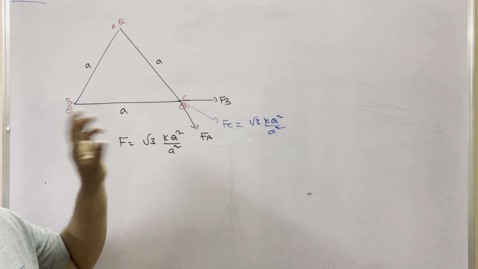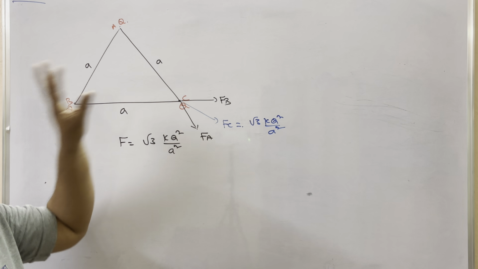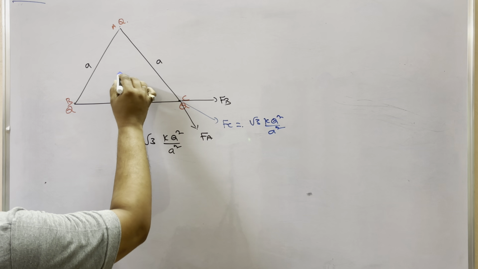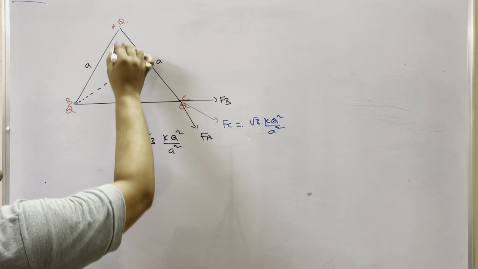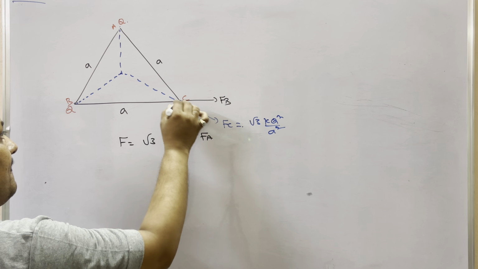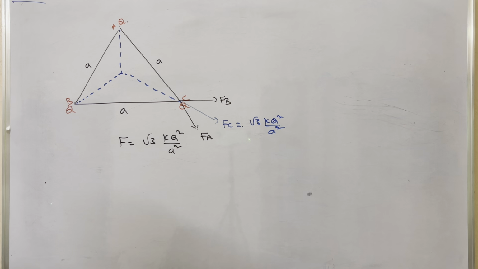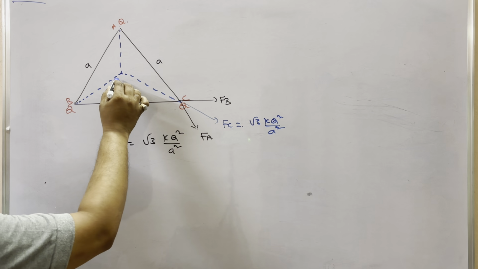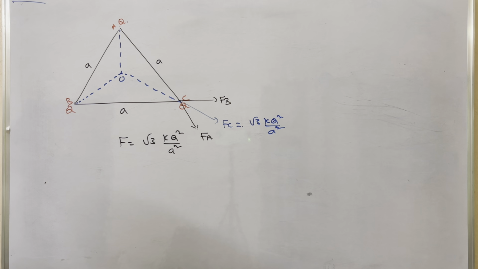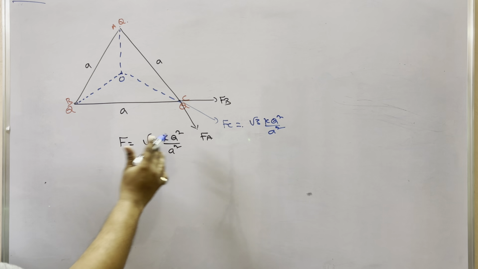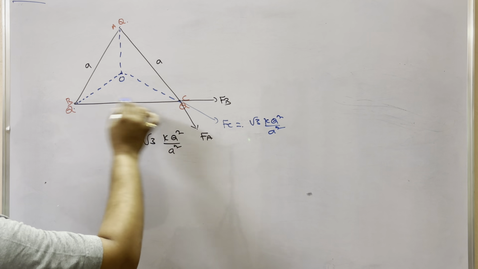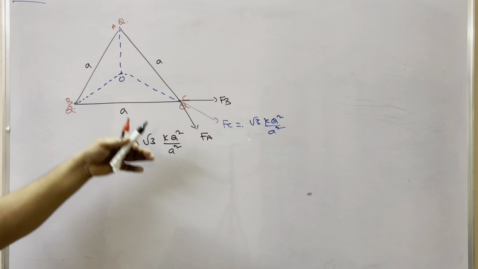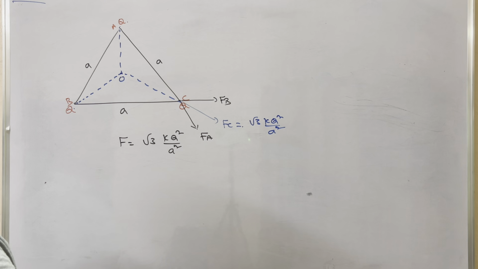To get the equilibrium condition at C, how much charge we have to place at the center of this triangle, they will ask. If you place that charge here, the resultant force at any one of the corners is going to become 0.